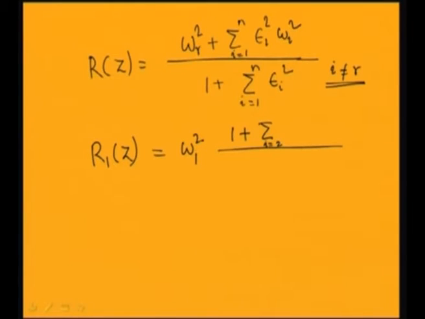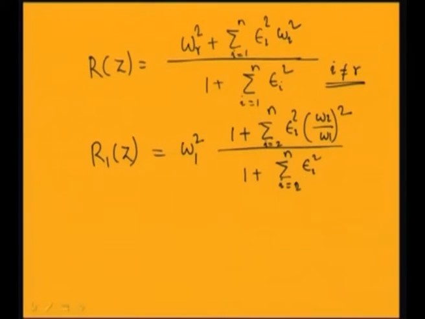So, it will be i equal to 2 to n, epsilon i square omega i by omega 1 square. So, this is equal to 1 plus summation i equal to 2 to n epsilon i square.